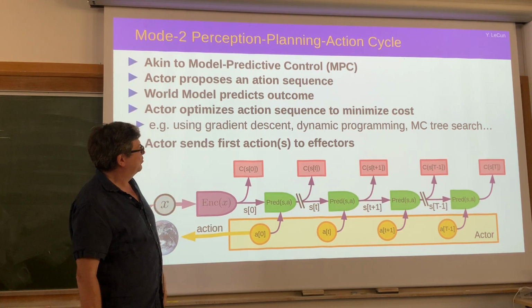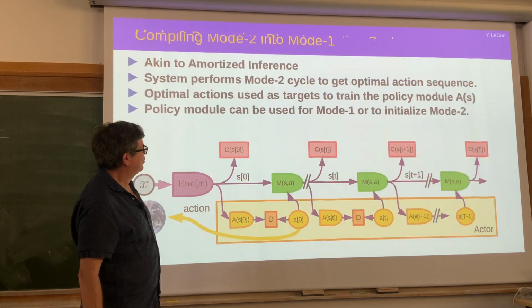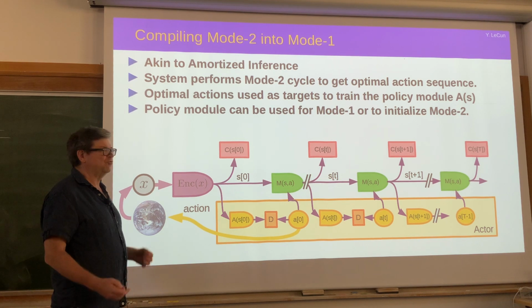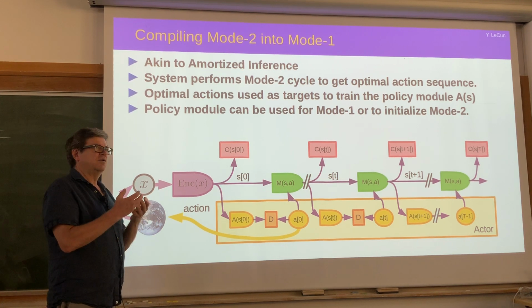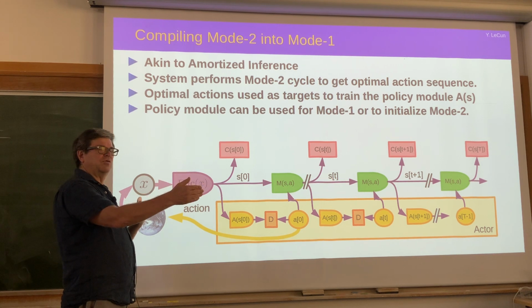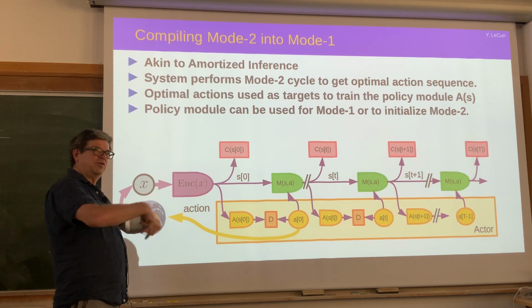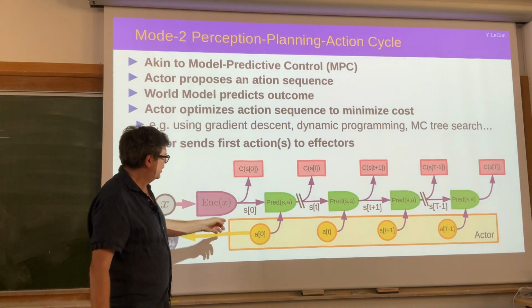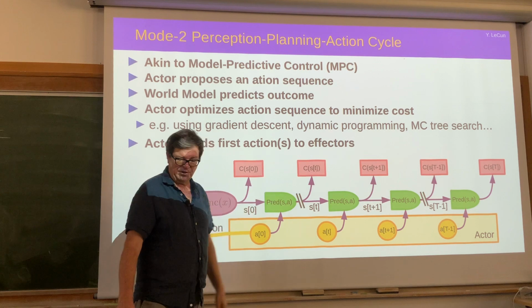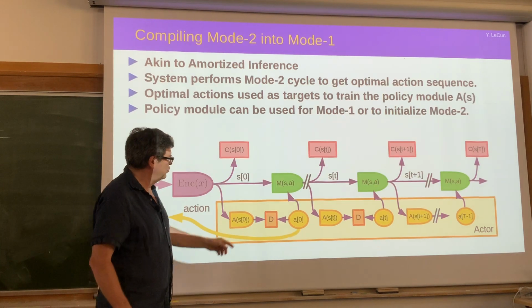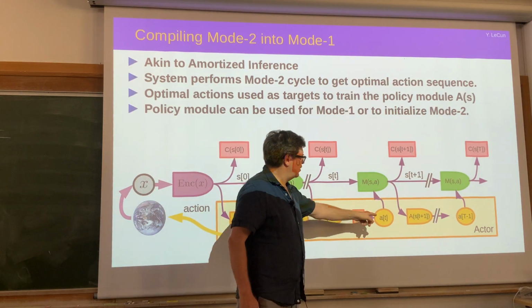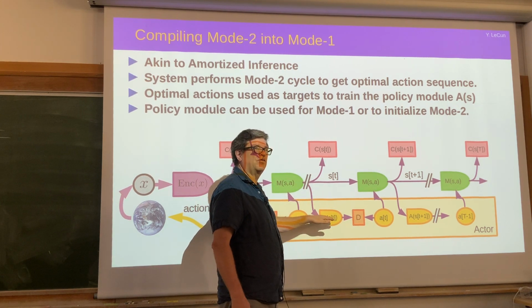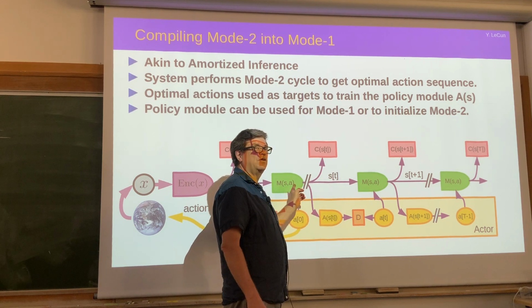So that's planning, it's classical planning and optimal control. That's called model predictive control. And then there is something that would allow the system to transfer the behavior that it produces through planning and turn it into a reactive policy. So I can run this planning and get an optimal sequence of actions that minimize my cost. And then what I can do is use those resulting optimal actions as targets for the actor, the policy network that just wants to produce an action directly from the state.